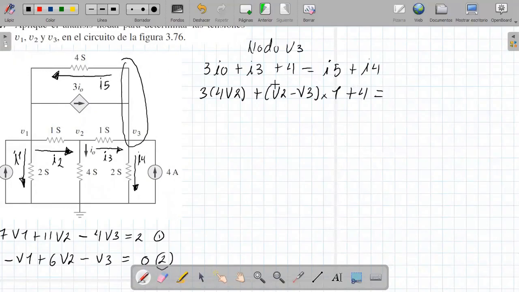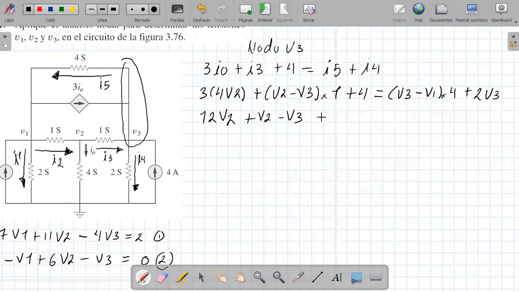So, anyway, parentheses, current I3 has it here, which would be V3 minus V1 over 4. Plus the i0 that would be what comes here, this 2 times i0, well, operating. I have here 12 V2 plus V2 plus V3.